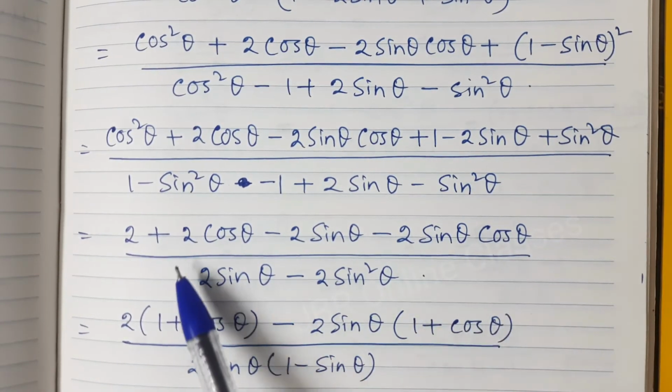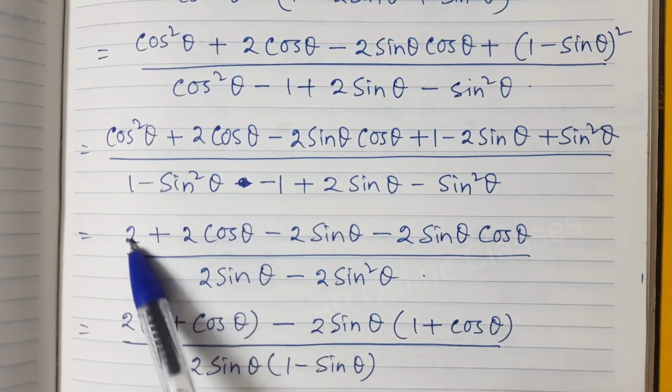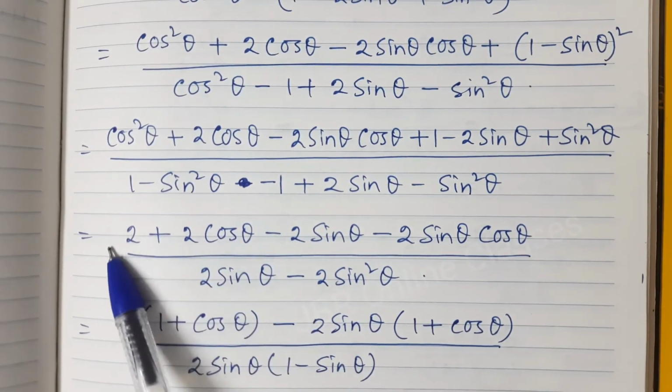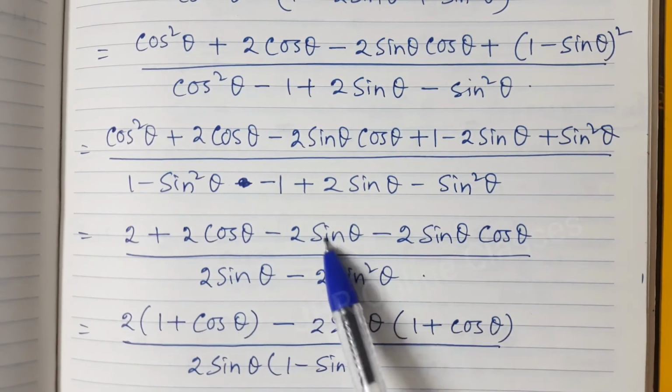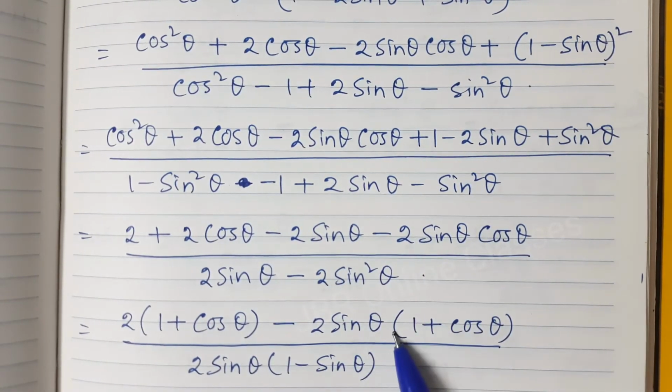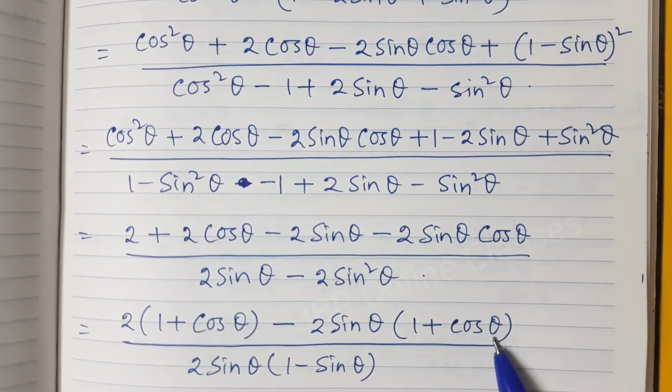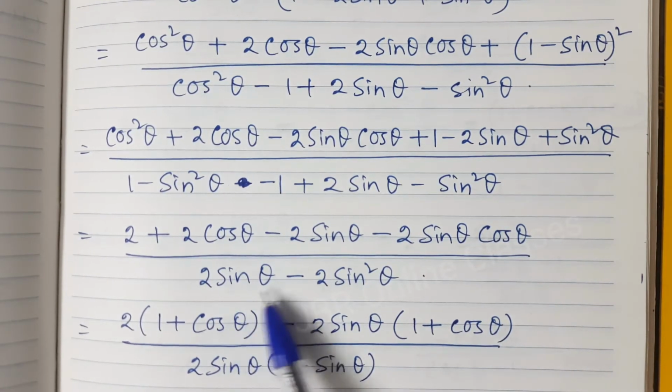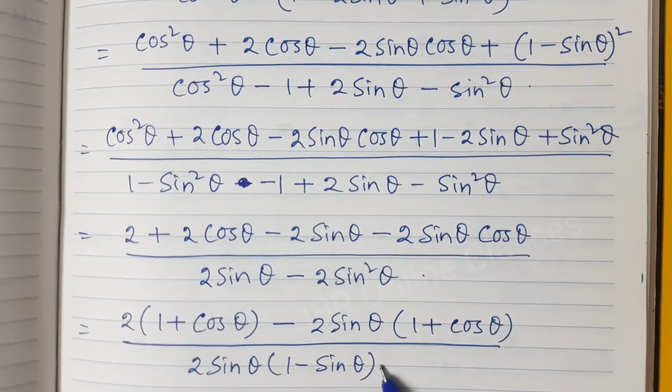Now from these two terms you take 2 as common, so it will be 1 plus cos theta. From these two terms you take minus 2 sine theta common, it will be 1 plus cos theta. And here also you take 2 sine theta common, it will be 1 minus sine theta. Now we only need sine theta in the denominator.